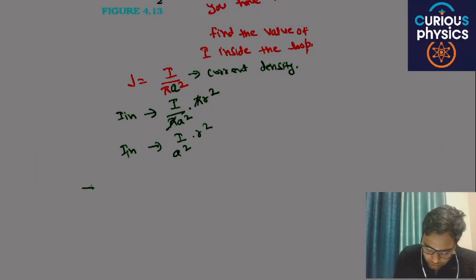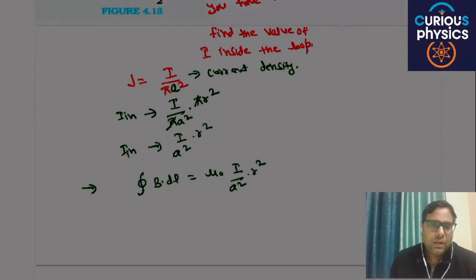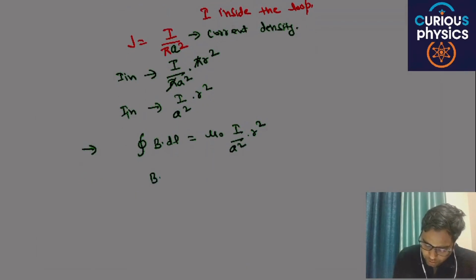Now you can easily apply the Ampere Circuital law. According to Ampere Circuital law, the integral of B dot dl is equal to mu naught I in, which is I by a square into r square. The integration of dl will be 2 pi r, so B into 2 pi r is mu naught I by a square into r square.